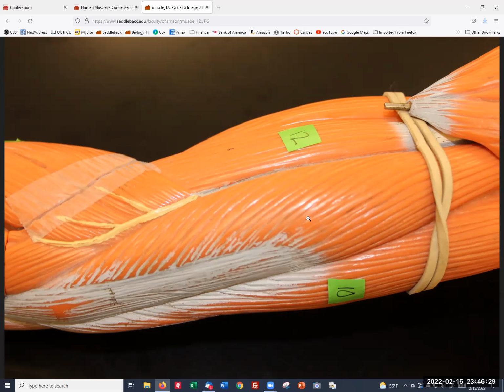I don't know which student may have labeled this. I wish they'd have put a number 10 here as well. This one is the brachialis. And this one that you can't see a label for, you'll see it in just a second, is the biceps femoris.